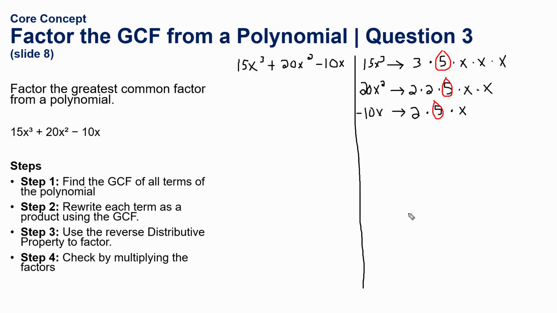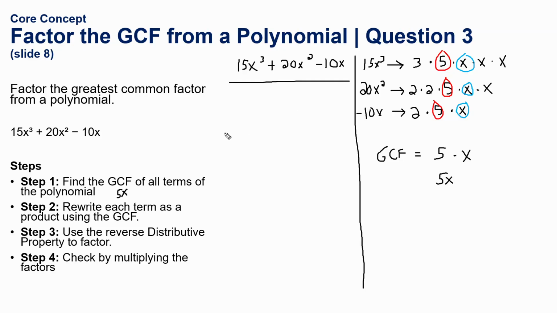So this is x to the first power. So there's only one x that appears in each of the lists here. So in other words, our greatest common factor is equal to 5 times x, which can just be consolidated down to 5x here. Okay, so step 1, our greatest common factor is 5x.